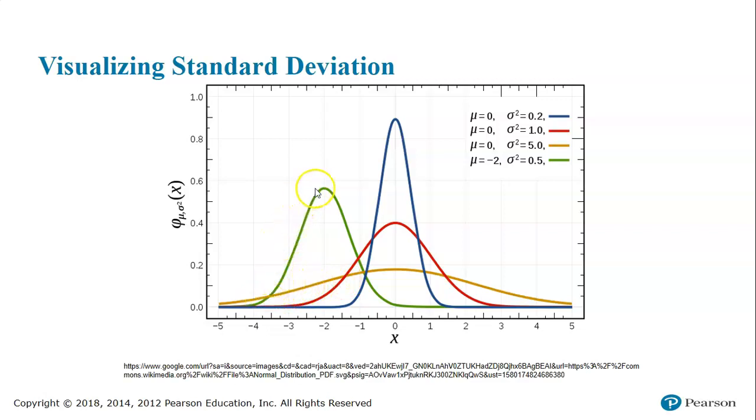The green one would have a different measure of center. So you can see the yellow, the red, and the blue are all centered at the same value, and they just have different standard deviations. The green actually has a different measure of center as well because it's shifted away from the center that these others are around.